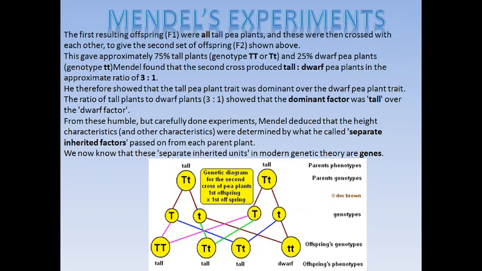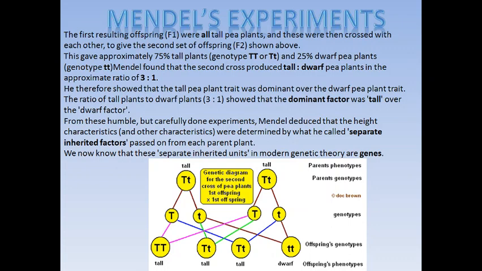That is why, when the tall gene is present along with the dwarfness gene, the dwarf gene could not express itself. But when the recessive gene is alone, not with the dominant gene, then only it could express itself.